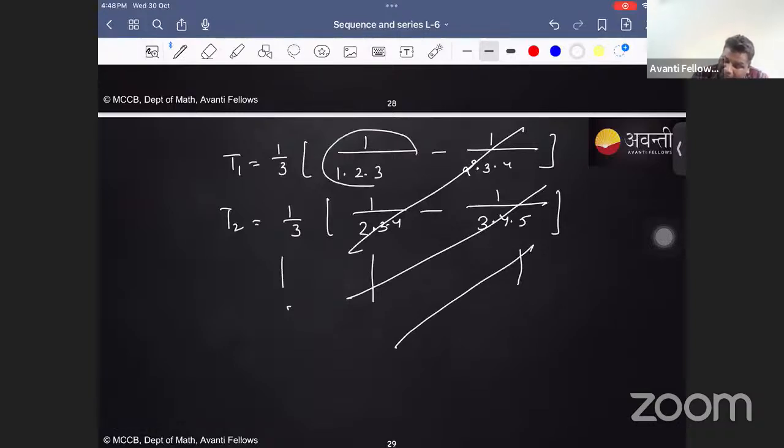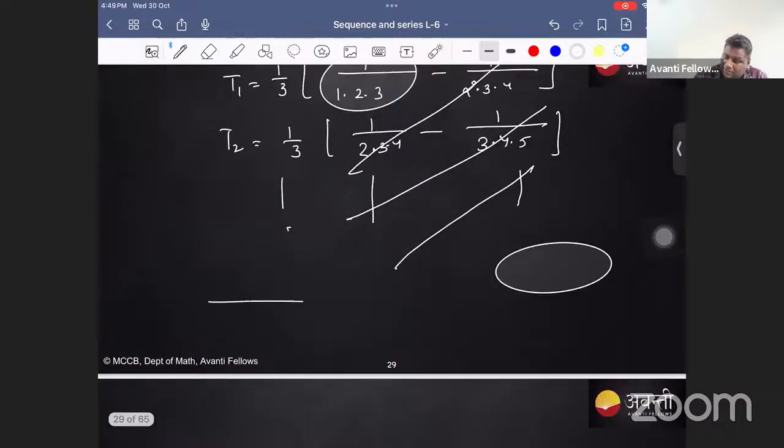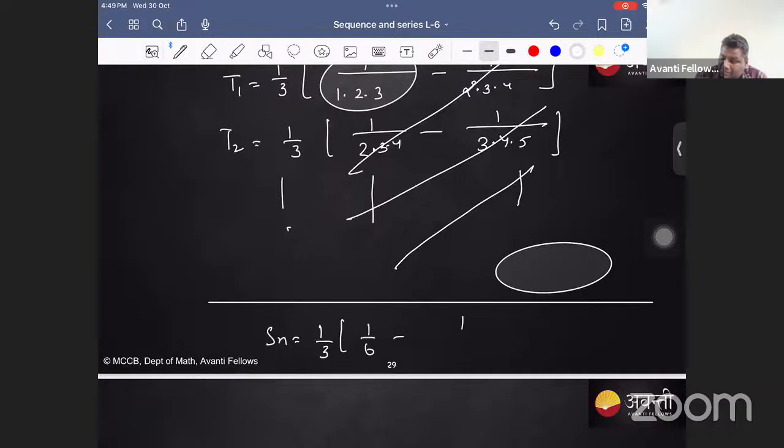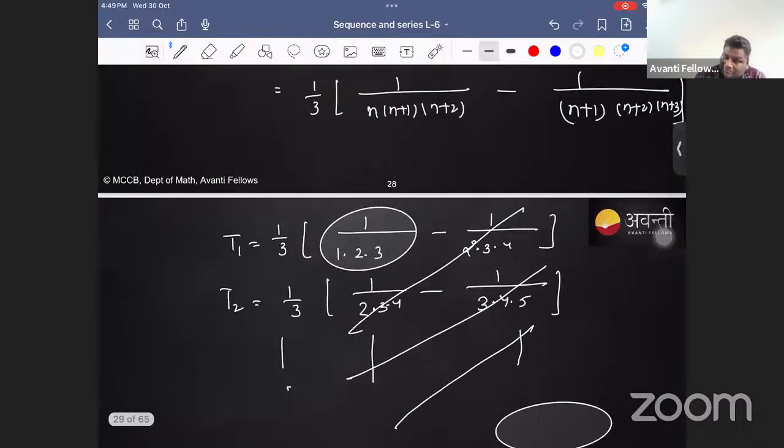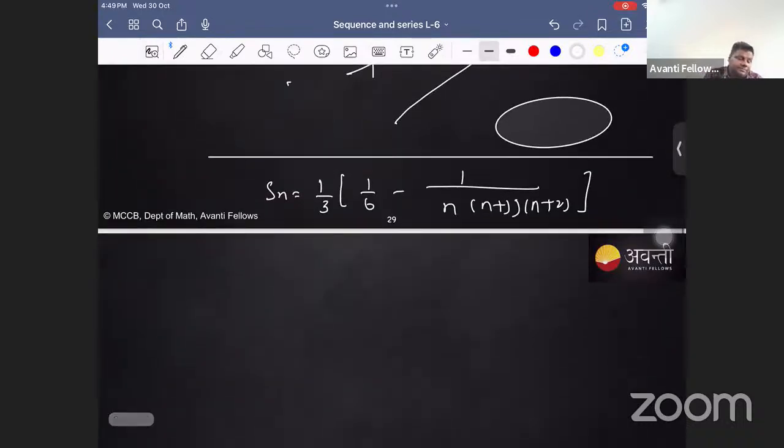Now you are left with one term from the first term, and you will be left with a term from the last term, the nth term. So the sum of terms will be what? 1 by 3 times 1 by 6 minus 1 upon n into n plus 1 into n plus 2. Got it?